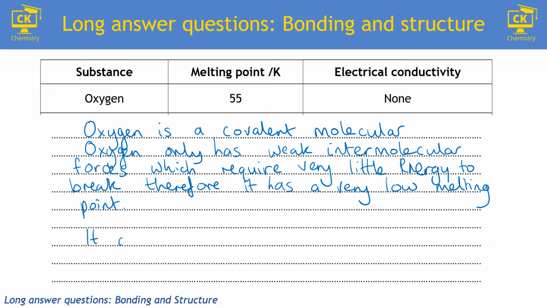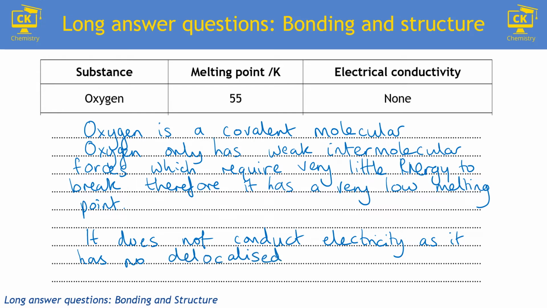So it does not conduct electricity as it has no delocalized electrons, but don't leave it there because some other substances don't have delocalized electrons either, like the one we're about to talk about, or free moving ions. It doesn't have any ions at all.